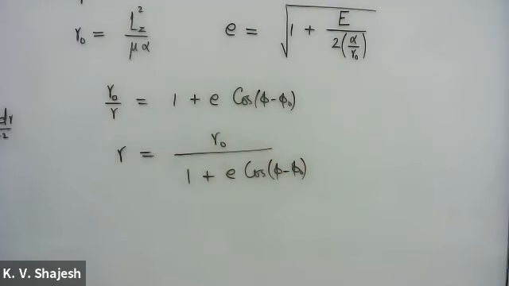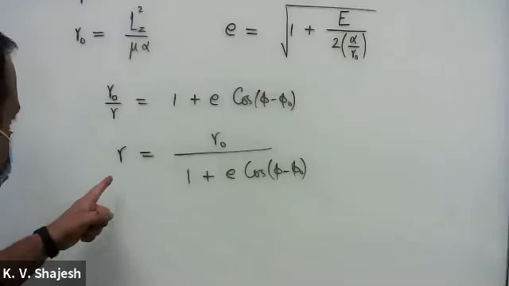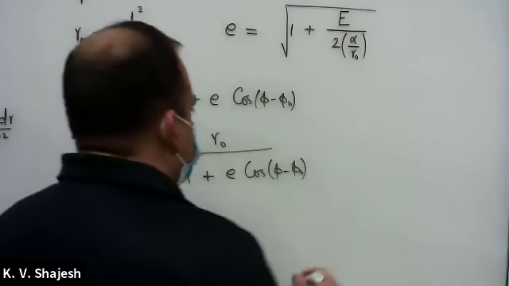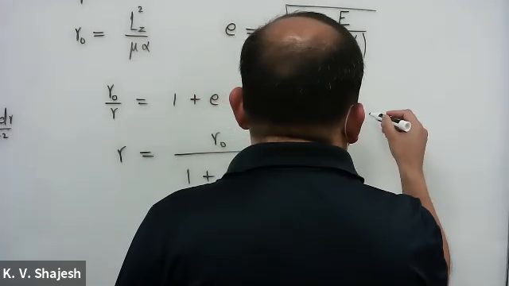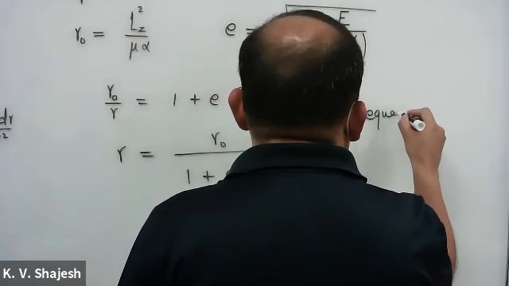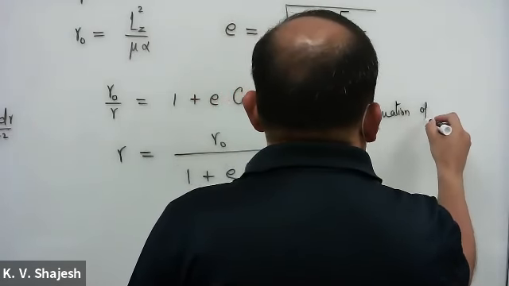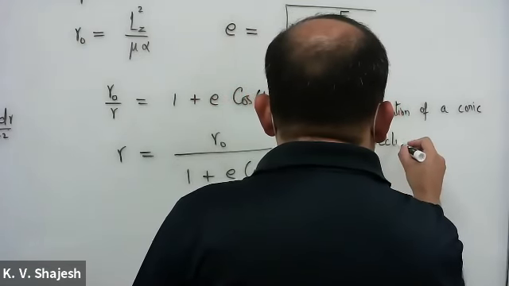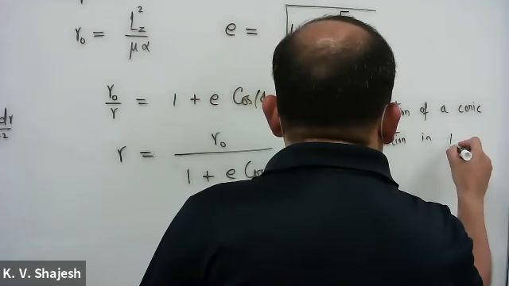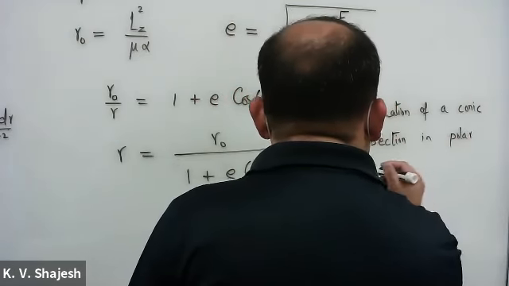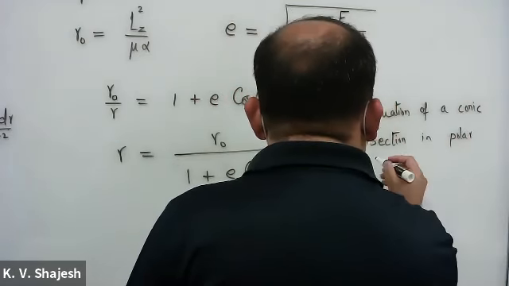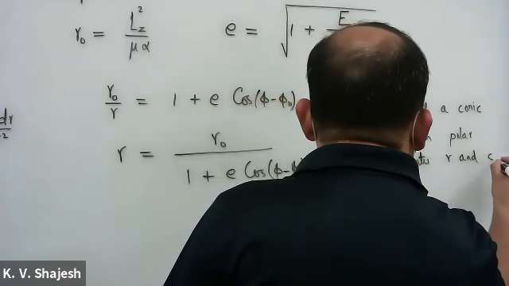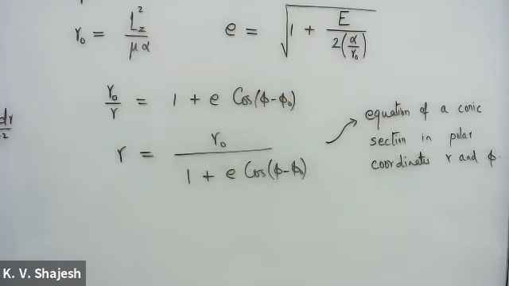And that's an equation of an ellipse in terms of the relative position of the velocities. I shouldn't say ellipse. This is an equation of a conic section in polar coordinates. It's not in x and y, it's polar coordinates R and phi. What is a conic section?